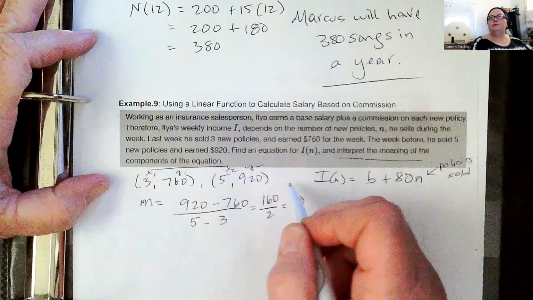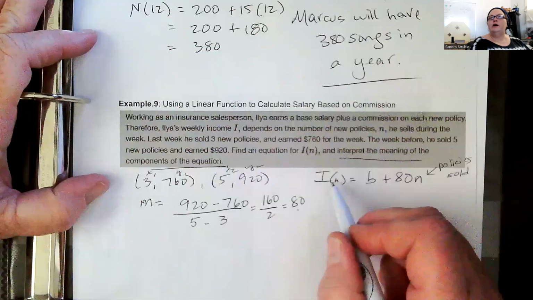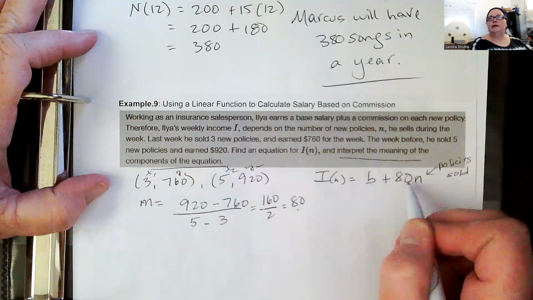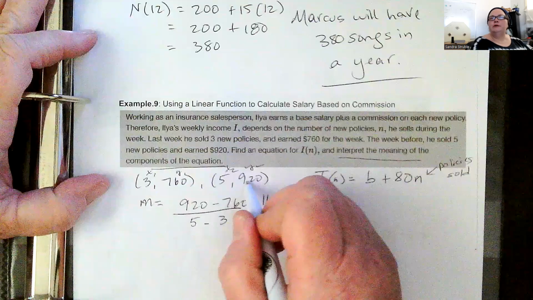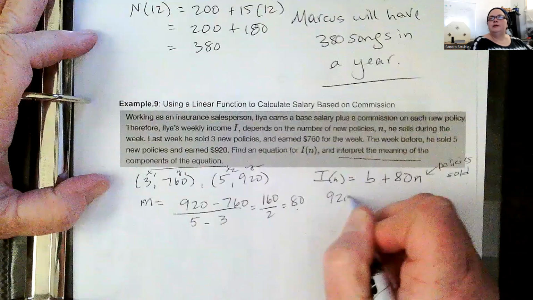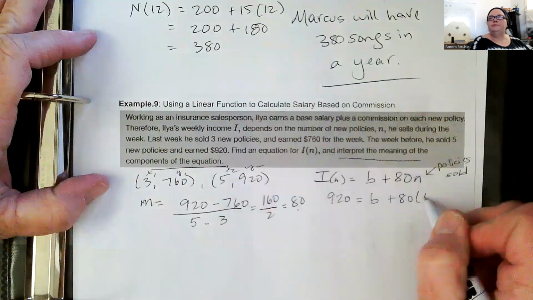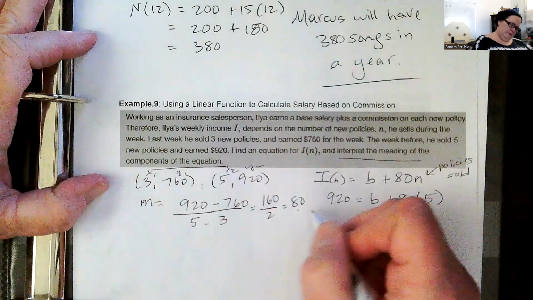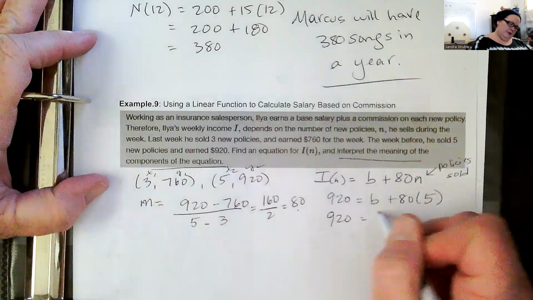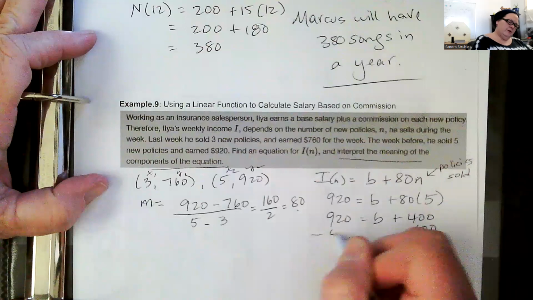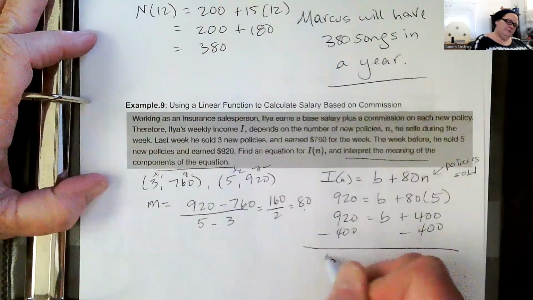All right, let's find b. I can choose either one of these points and plug them in for our y and our n in the function. So I'm going to choose 920 is equal to b plus 80 times 5. Okay, so 920, here it is, plus 400, subtracting 400 from both sides, is 520.